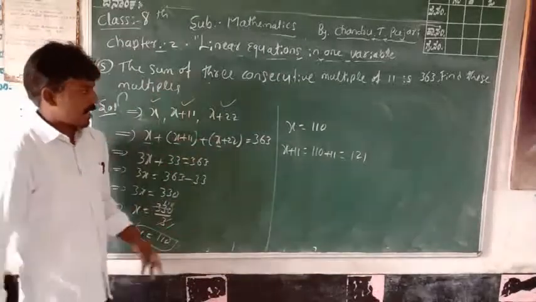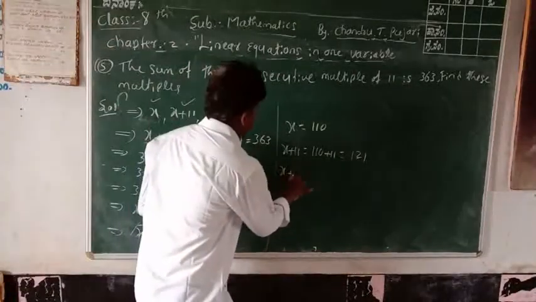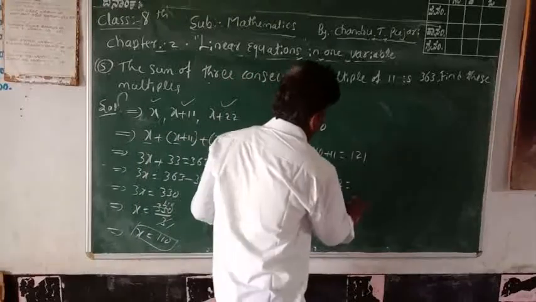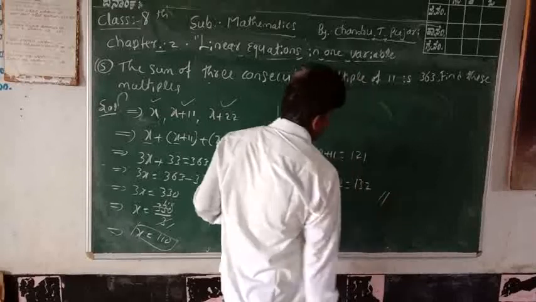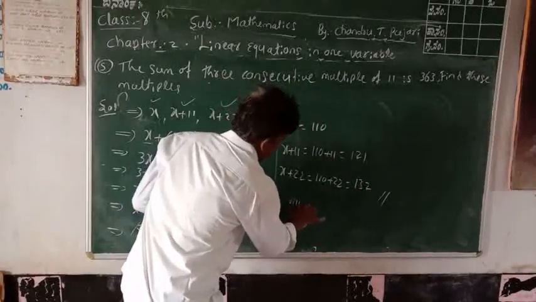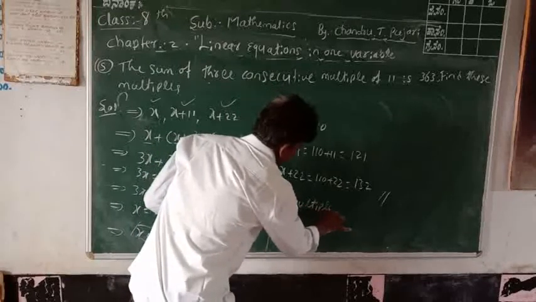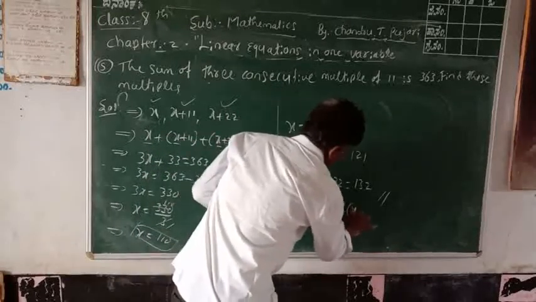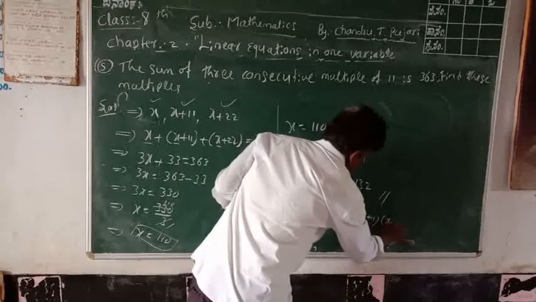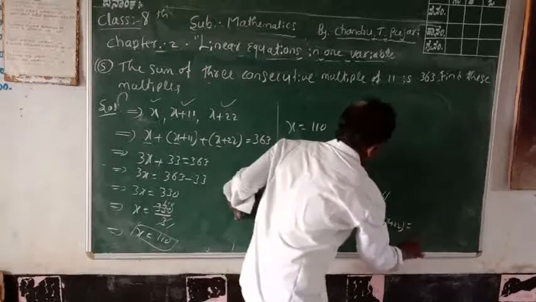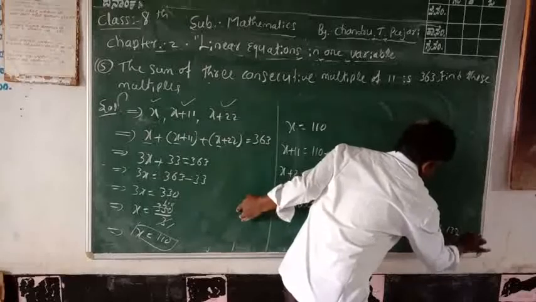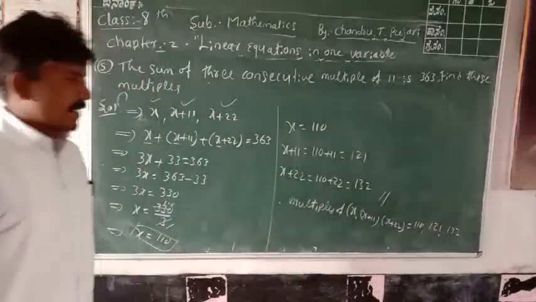The third one is x plus 22, which is 110 plus 22, equal to 132. Therefore, these multiples are 110, 121, 132. These all are the 3 multiples.